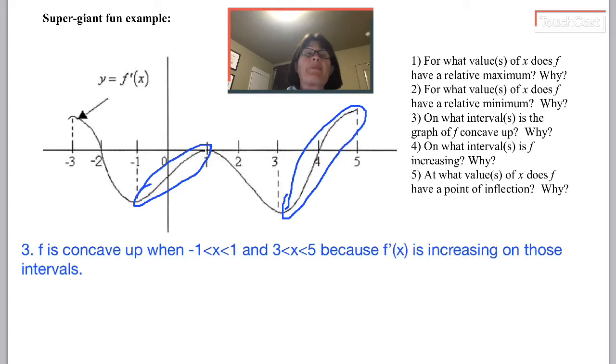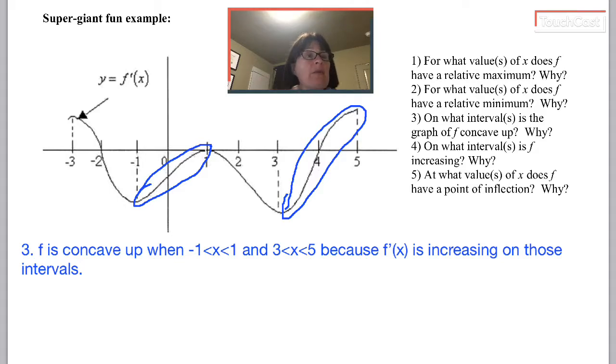So check this out in the write-up. I have to be very careful when I give my answer, not just to spout this stuff that I've memorized, that f is concave up whenever f double prime is positive. Because I haven't been given f double prime, I have to give my answer in terms of the information I have. So this is how I wrote up my answer. f is concave up when x is between -1 and 1, and when x is between 3 and 5, because f prime is increasing on those intervals.